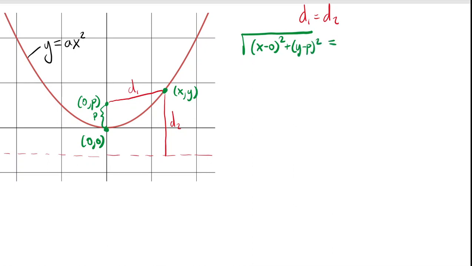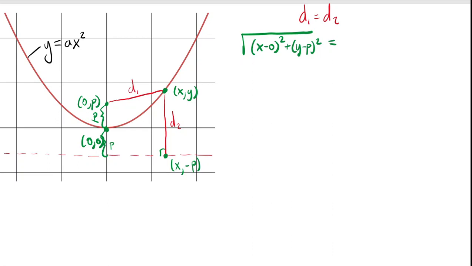Okay. We also have this point down here because this is vertical. So that coordinate would be (x, negative p), because remember the definition means if this is p, then the distance here is also p, because the vertex is also a point on the parabola. So that's that coordinate point.